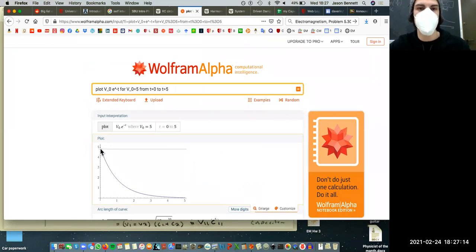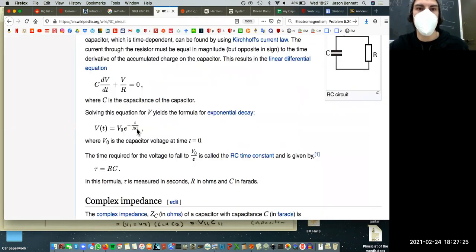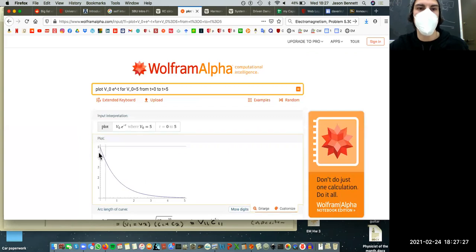T is time, so I start at 0 seconds and end at 5 seconds. This is what an exponential curve looks like, e to the negative something. It falls off to 0. So in an RC circuit, you start off at some voltage, and then it drops to 0.